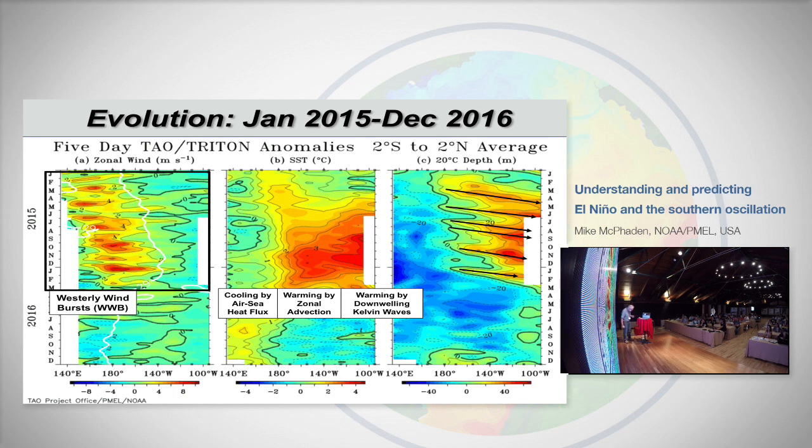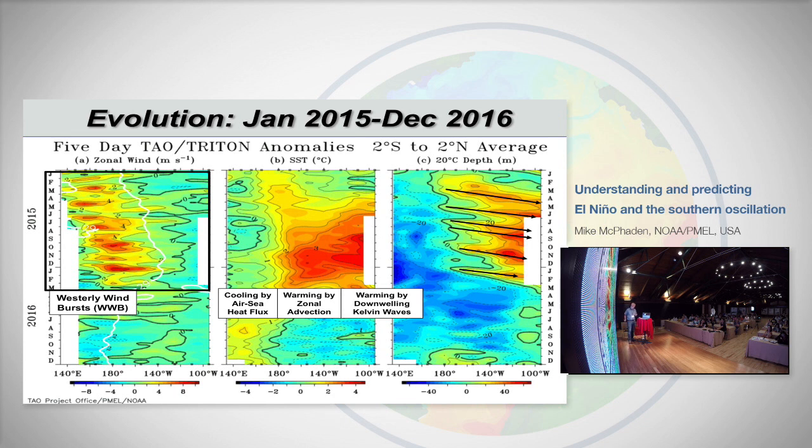And the other important dynamical effect is that these wind bursts excite downwelling equatorial Kelvin waves. And you can see them here. They take about 45 days to cross the basin. In their wake, they leave a depressed thermocline, depressed by 30, 40, or 50 meters, depending on how strong the wind burst was.